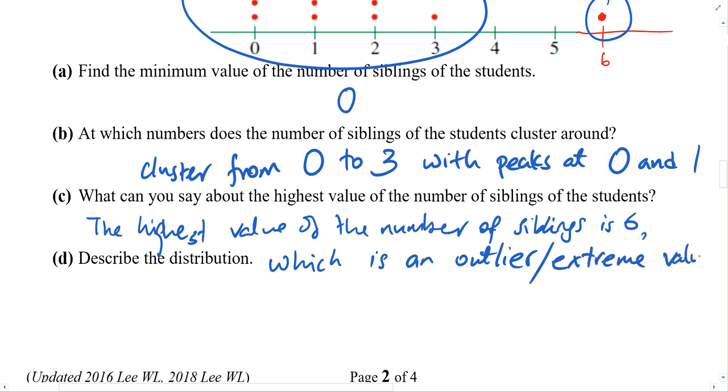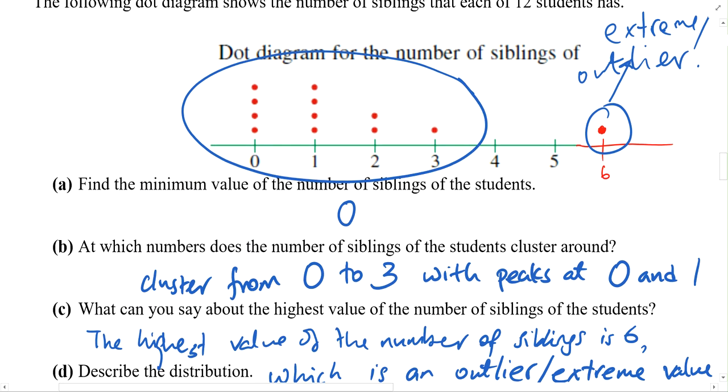They both mean the same thing. Which word do you prefer? Outlier or extreme? You prefer extreme? Yeah, sure, go ahead. But I prefer to use outlier because it looks more professional. Okay? And now part D, describe the distribution.